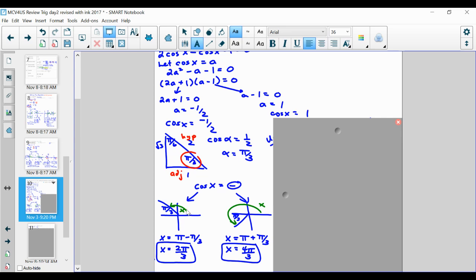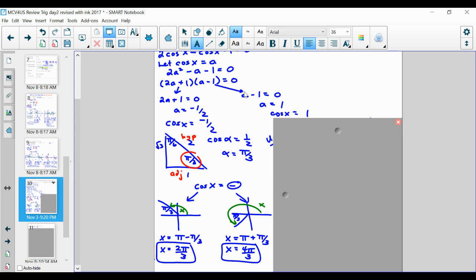And then the angle that I care about is this angle, starting at the initial arm on the positive x-axis and rotating to here. I get that if I can figure out what the value of x is if I take pi and subtract pi over 3, or if I take pi and add pi over 3. So those are two solutions to this equation.